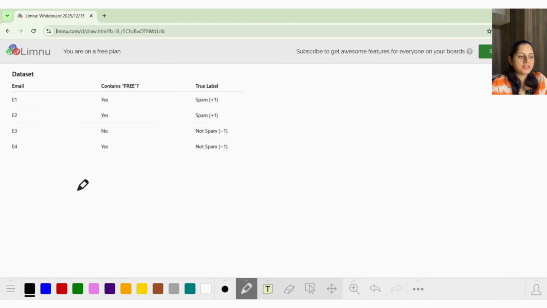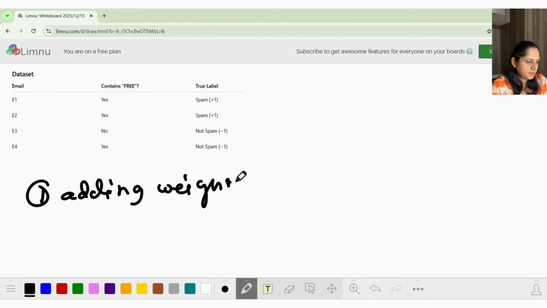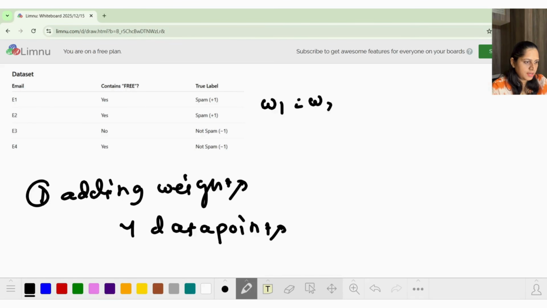Now, let us understand the first step. My first step here is adding weights. I have 4 data points, so W1 equals W2 equals W3 equals W4 equals 0.25, because I am dividing 1 by 4.